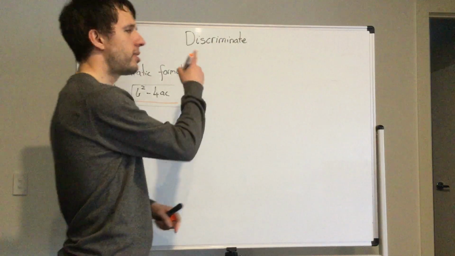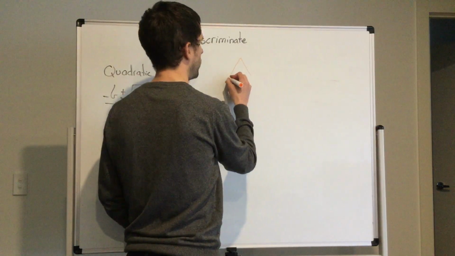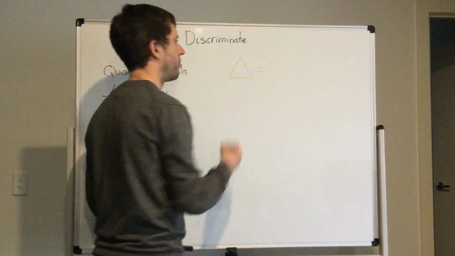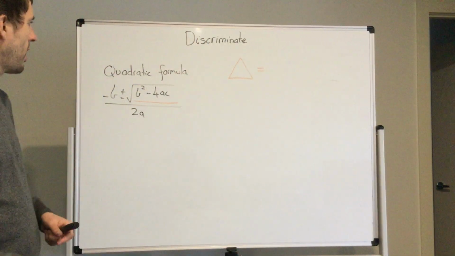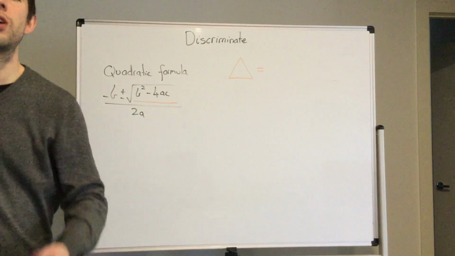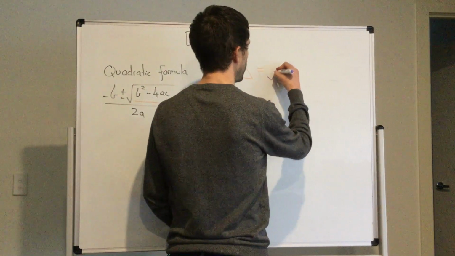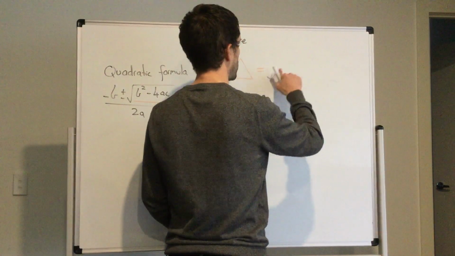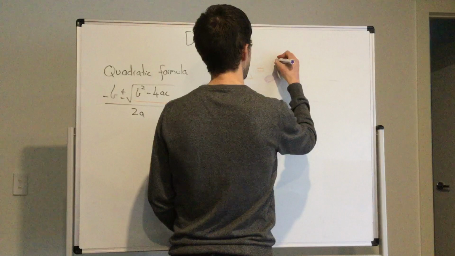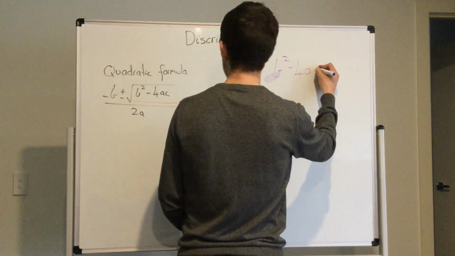The symbol that we use for the discriminant is a triangle. So I'm just going to write it out and we're going to talk about the meaning behind it. That is the square root, but we're going to take the square root off. That is b squared minus 4ac.